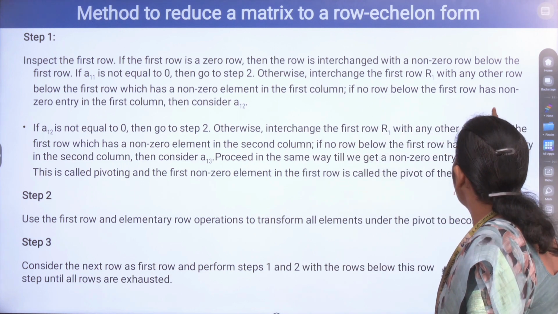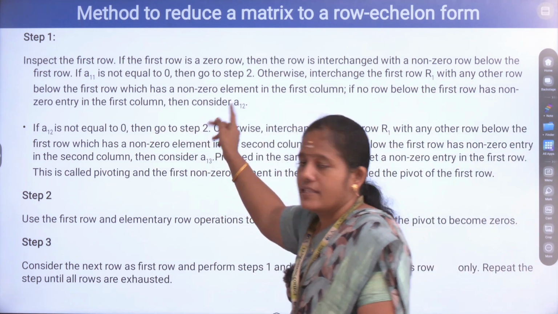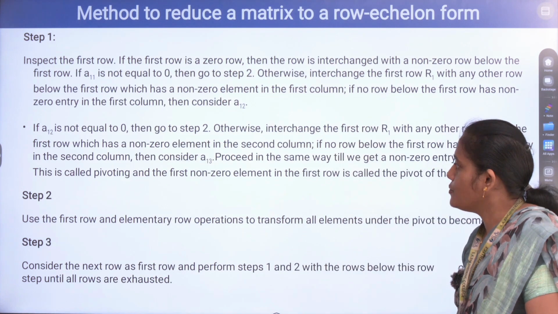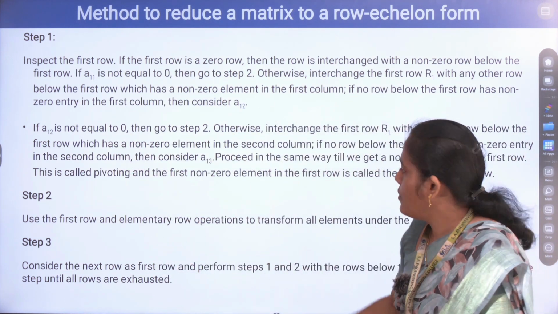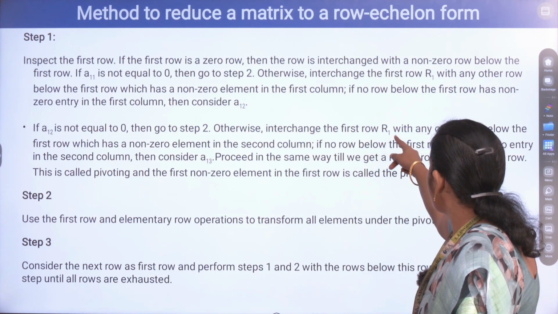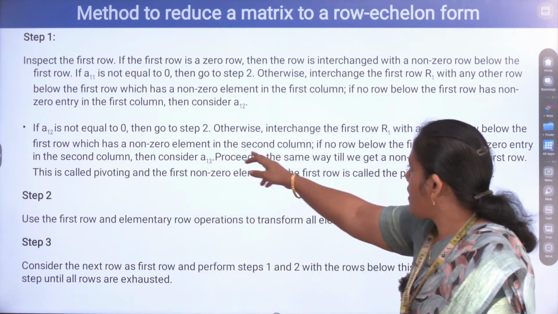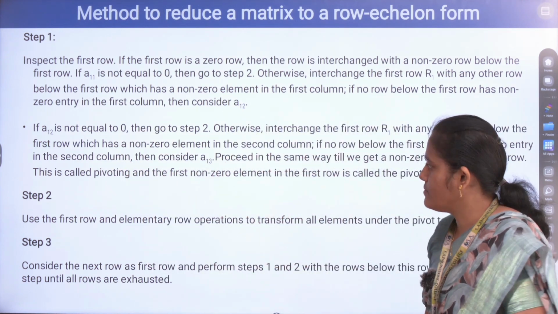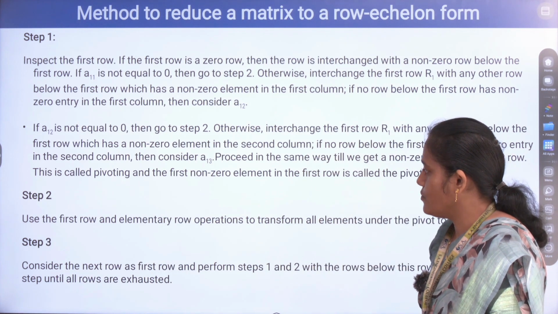If no row below the first row has a non-zero entry in the first column, then consider a12. If a12 is not equal to 0, proceed to step 2. Otherwise, interchange the first row with any other row below it which has a non-zero element in the second column. Proceeding this way, you go to step 2.